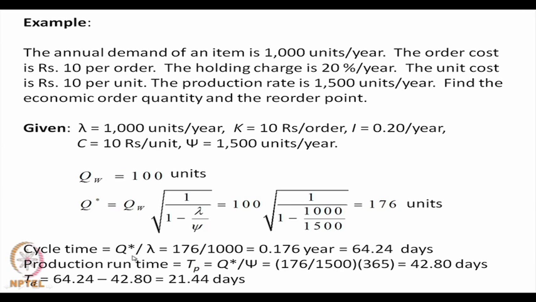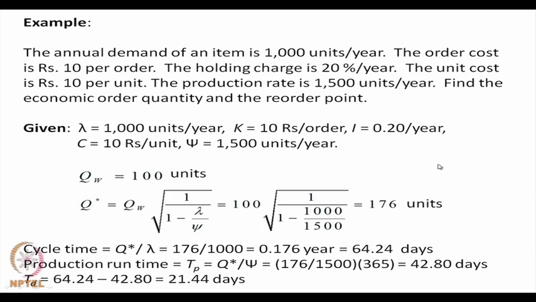Therefore, this divided by the demand rate comes to 64.24 days, and the production run time we can find as 42.80 days. The remaining time, where there is no production and the demand is existing, and therefore the inventory level comes from the maximum value to 0 level, is 21.44 days.